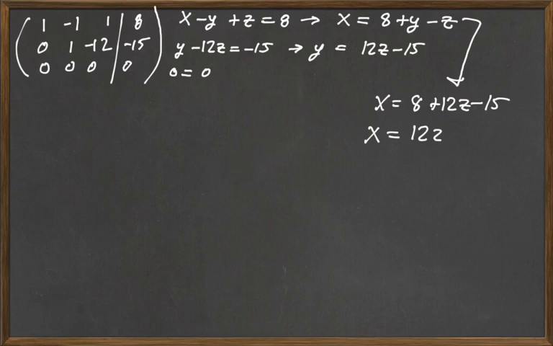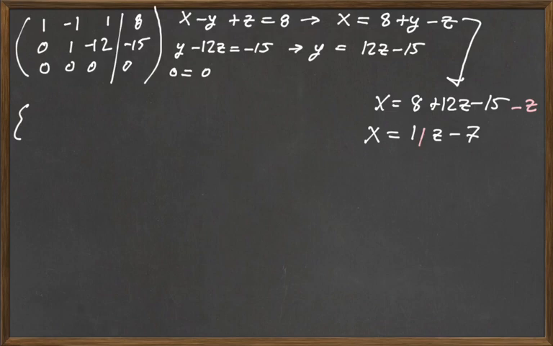We forgot a z, didn't we? Let's put that z in there. So 8 plus y was 12z minus 15. Oh yeah, we sure did. We forgot the poor z there. So 12z minus a single z should be 11z. And then 8 minus 15 is negative 7.